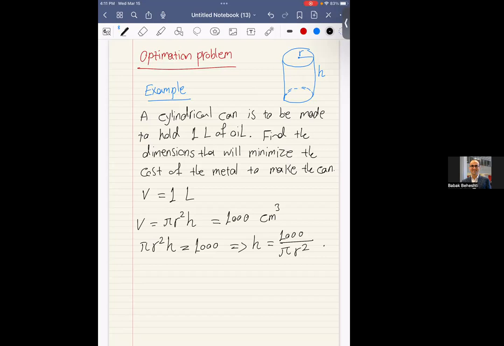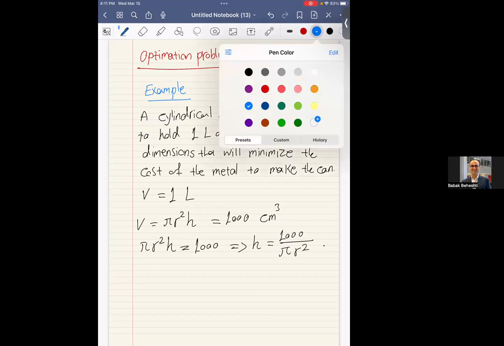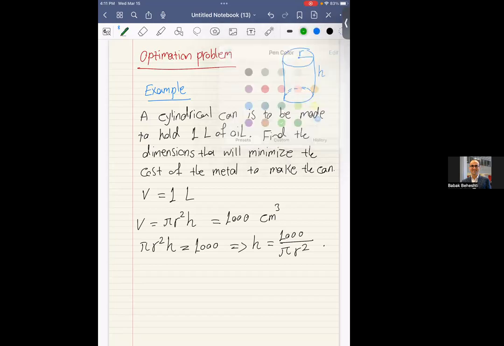Now, what is the next step? We want to minimize the cost of the metal. That means we want to minimize the surface area. What is the surface area? The surface area of the can is the top part and the bottom part, each the surface of a circle, but you have two circles, one on the top and one on the bottom.